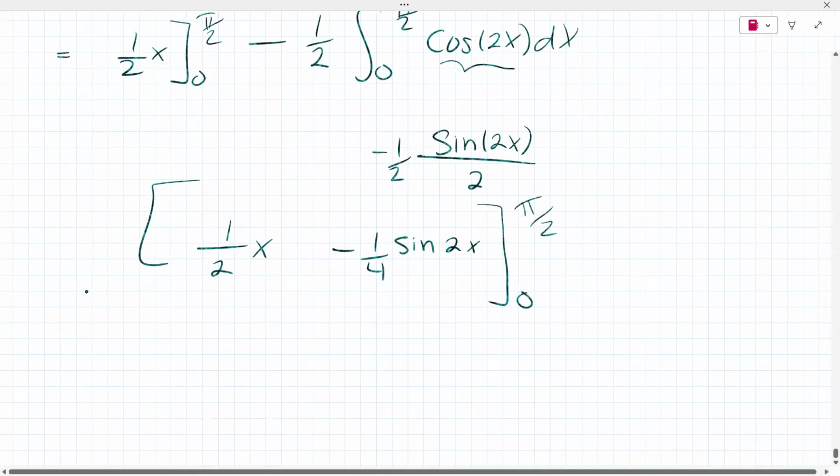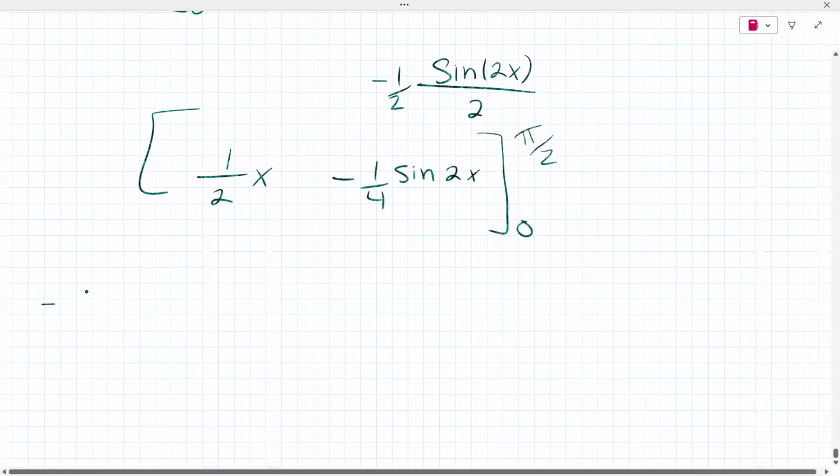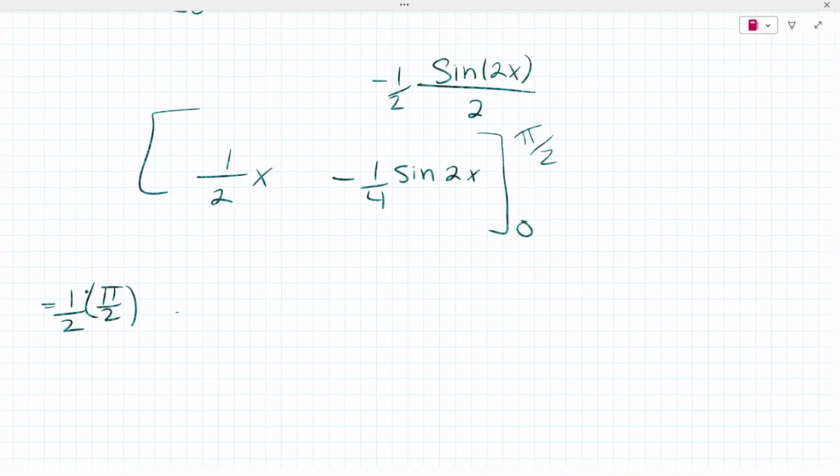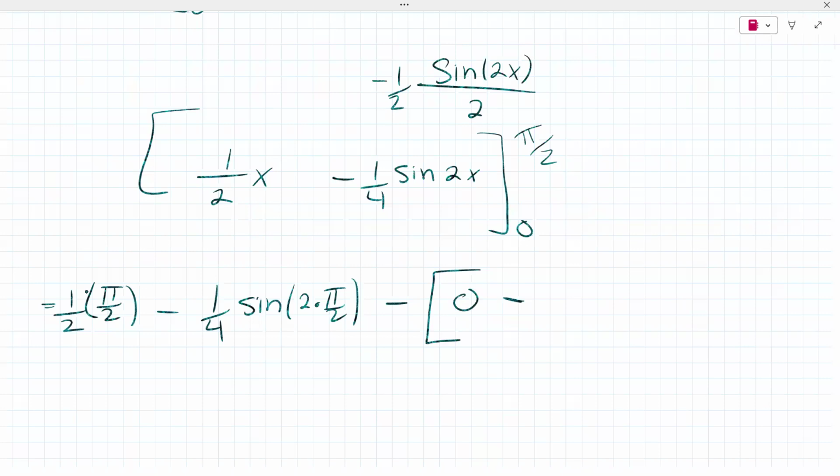Okay, not too bad. Now you just plug in your upper minus your lower boundaries. So it's going to be 1/2 times pi over 2, minus sine of 2 times pi over 2, times negative 1/4, minus the bracket for 0. I'm kind of doing this in my head. What's 1/2 times 0? 0. Sine of 2 times 0, sine of 0 is 0, times negative 1/4 is 0.